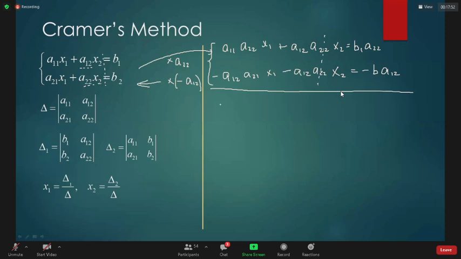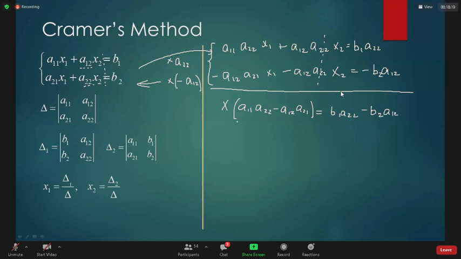And so I have x1 multiplied by a11 a22 minus a12 a21 equals, and on the right hand side I will have b1 a22 minus b2 a12.